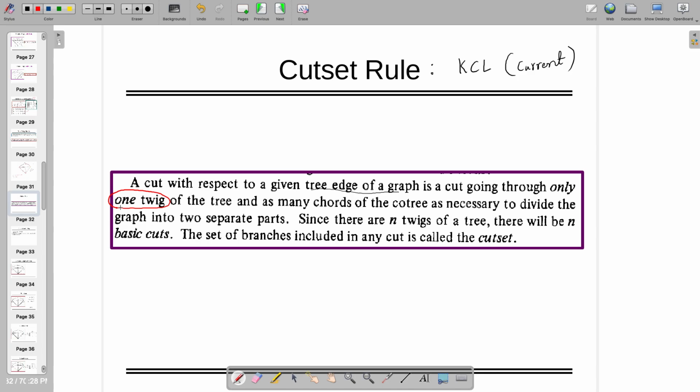In a cut set rule, you can have one twig and n number of chords, of the chord tree, as necessary to divide the graph into two separate parts. So you are going to have number of nodes equal to number of cuts.